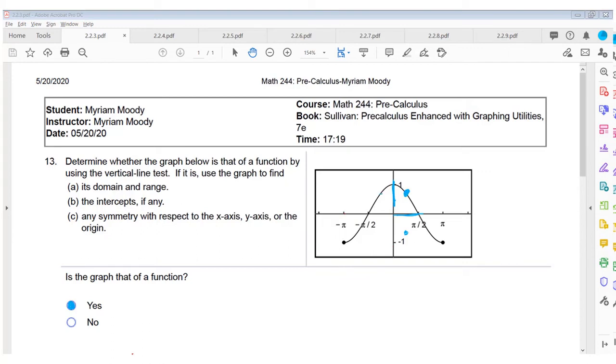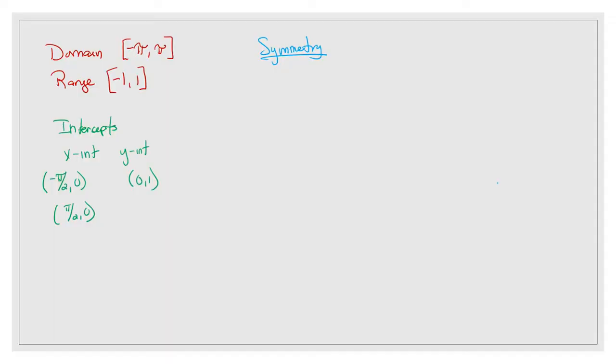Do we see its reflection? Yep, sure do. It's right there. So there is y-axis symmetry, right? And now origin symmetry. If I look at its reflection, I really don't see a reflection here because it's got to be right across from it, and I'm not seeing it. So in this case, all I'm seeing is y-axis symmetry.